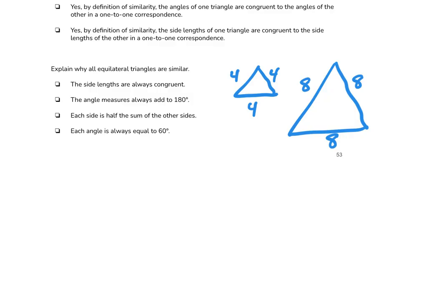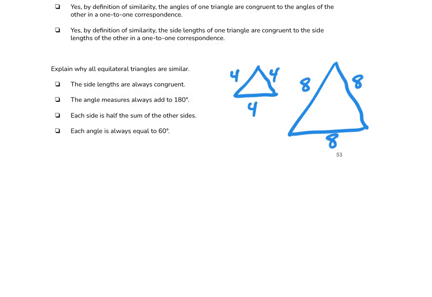How much bigger is this triangle than this triangle? When we talk about ratio, we want to talk about a multiplying factor. So like 2 times bigger. To get from 4 to 8, it's 2 times bigger, or this is 2 times smaller, however you want to say it. All of the sides are in the same ratio, 4 to 8, 4 to 8, 4 to 8. So all the sides are in the same ratio.